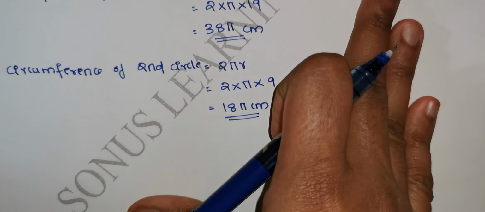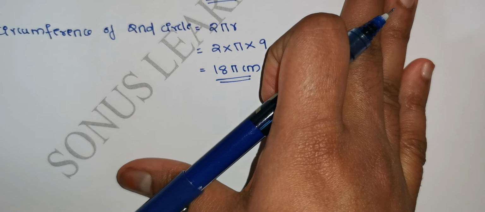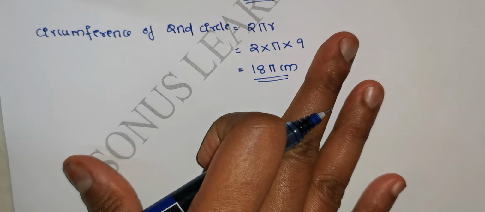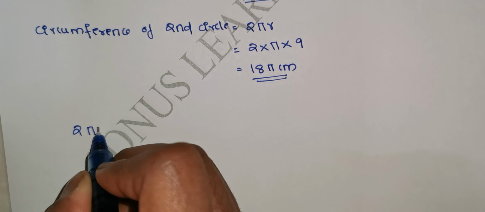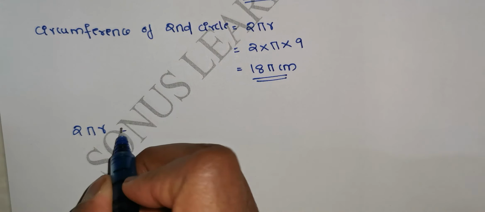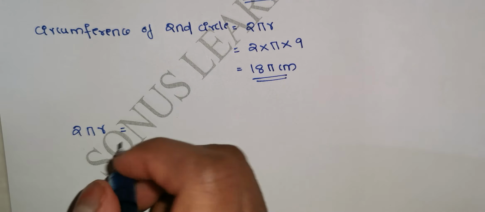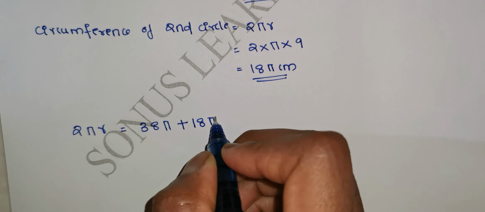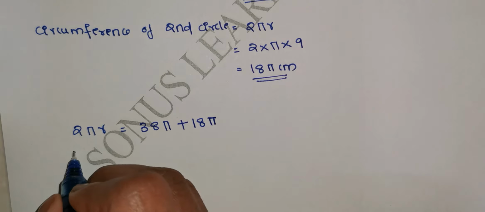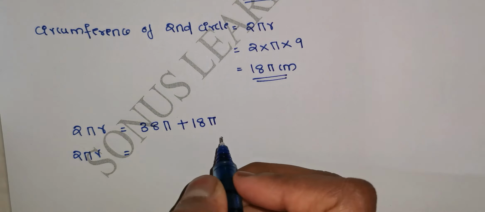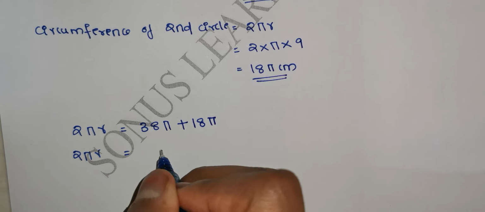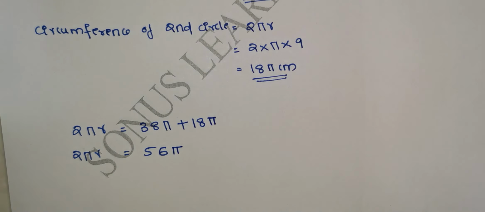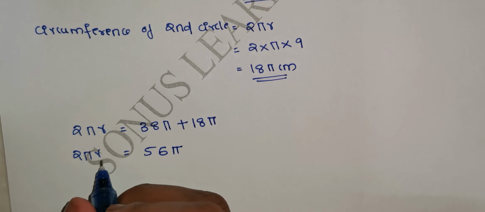Circumference of the new circle, let that be 2 pi r. We don't know the value of r. That is equal to 38 pi plus 18 pi. Okay, students, so 2 pi r is equal to 38 plus 18, that is 56 pi. What we have to find is the value of r.